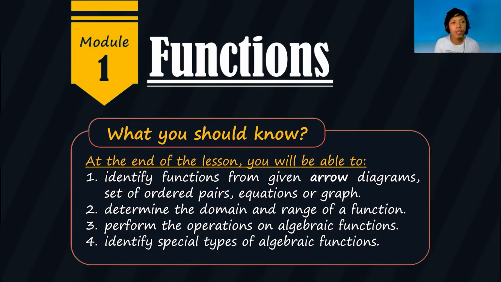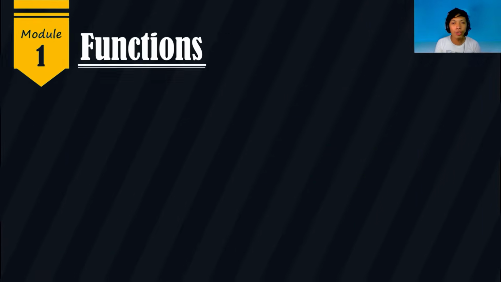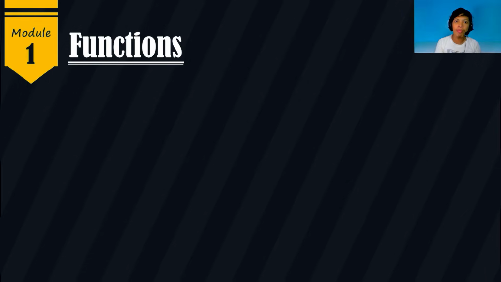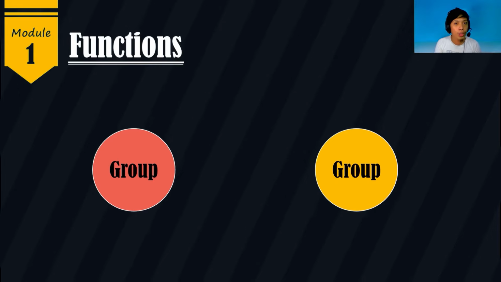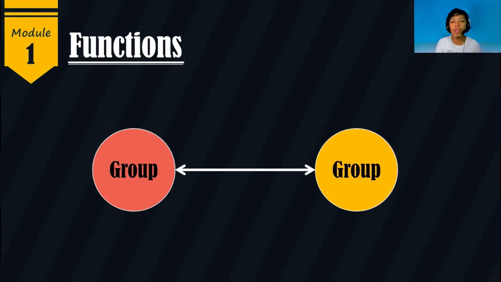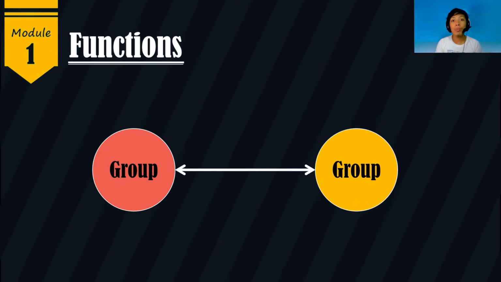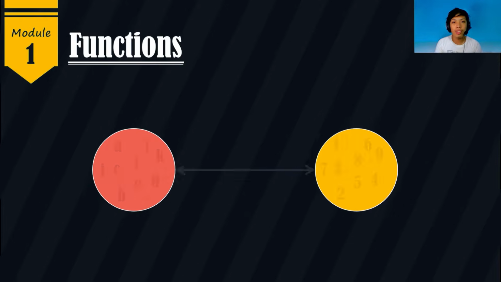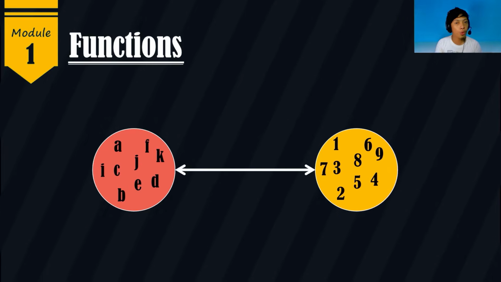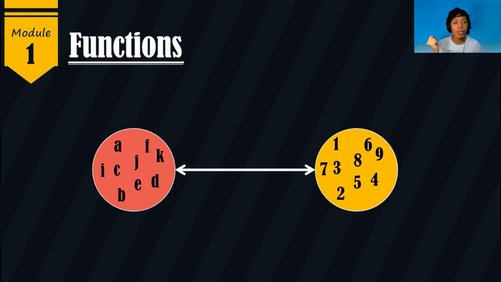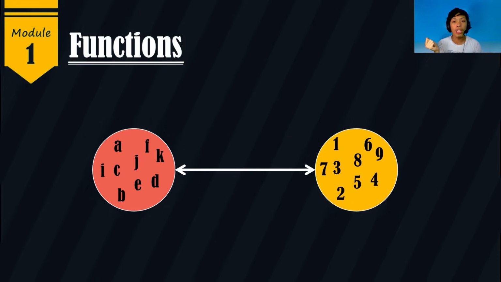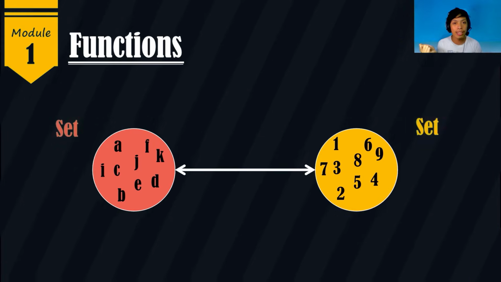Okay, so let us first define what a function is. So what is a function? Suppose we have two groups that are related to each other, and these groups are composed of members. The group itself, in mathematics, is referred to as a set.